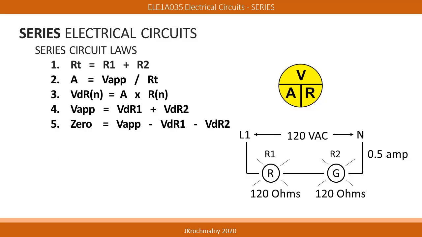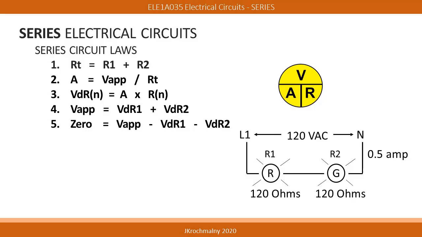Please make a note of these 5 laws involving the series electrical circuit. This would assist you in determining the characteristics of the series electrical circuit. Law number 1 states that RT equals R1 plus R2 plus R3 plus R4. The more loads that are placed in a circuit, the more the total resistance of the series circuit increases.